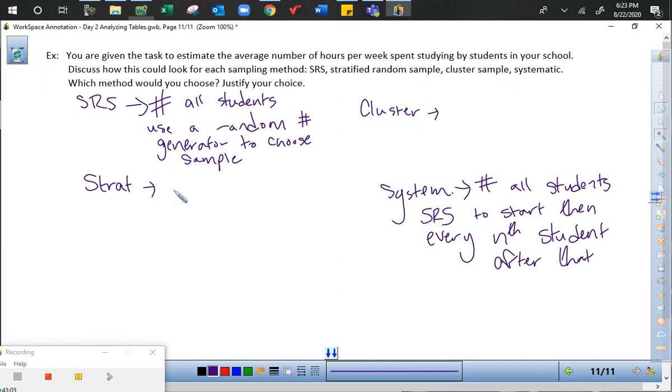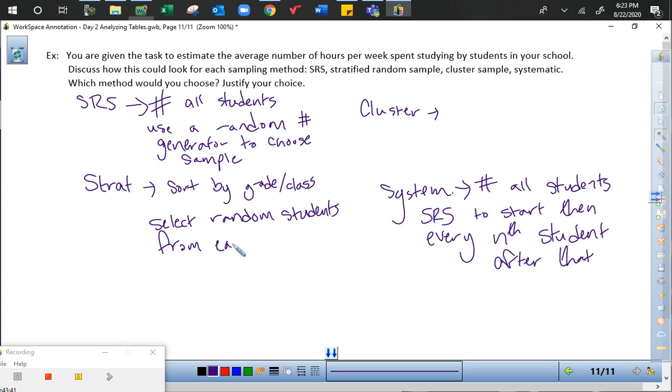Now, one thing that I haven't mentioned yet that's pretty important, and you can always say SRS here because we know what that means. But it has to be proportionally.